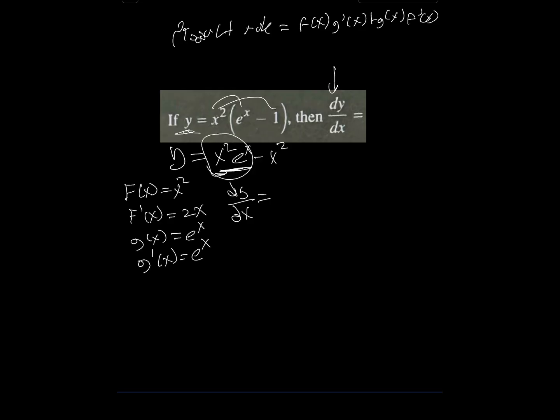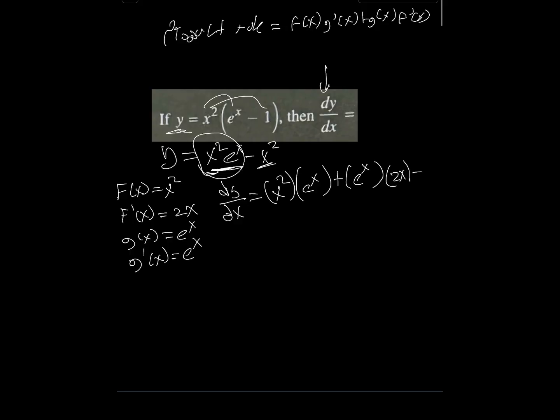So that's going to be x squared times the derivative of g of x, which is e to the x, plus e to the x times 2x, minus the derivative of x squared. Now, that's just going to be our basic power rule. The derivative of x squared is just 2x.